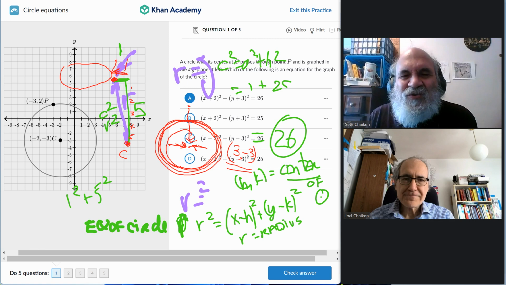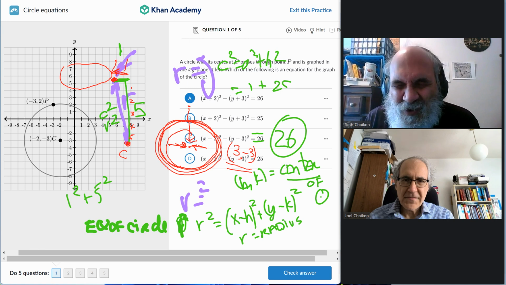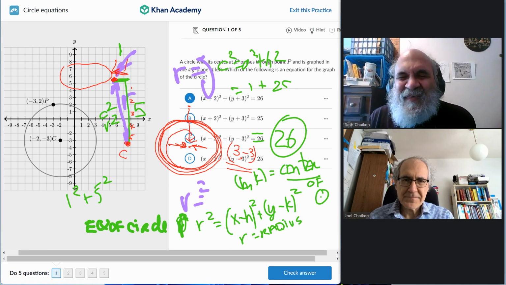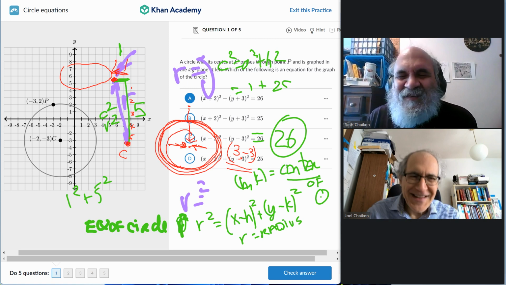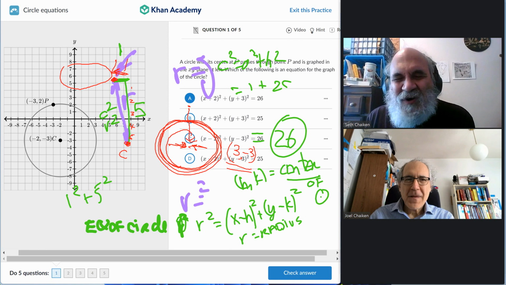So the thing is, your eye was led to that grid point, and the clue that grid point coordinates 3, minus 3 might not actually be where the circle goes through. The fact that they gave you a point and the name of the point and the coordinates of the point should clue you that the other point might not be on the circle.